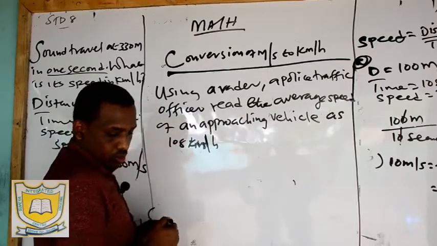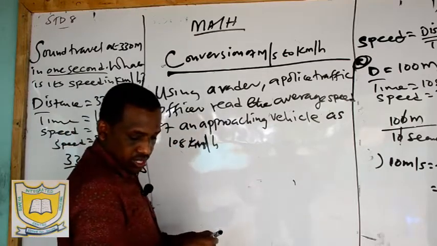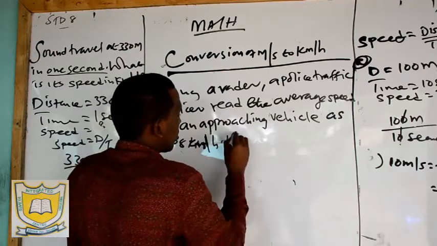Then the question is asking what was the speed of this car in meters per second.